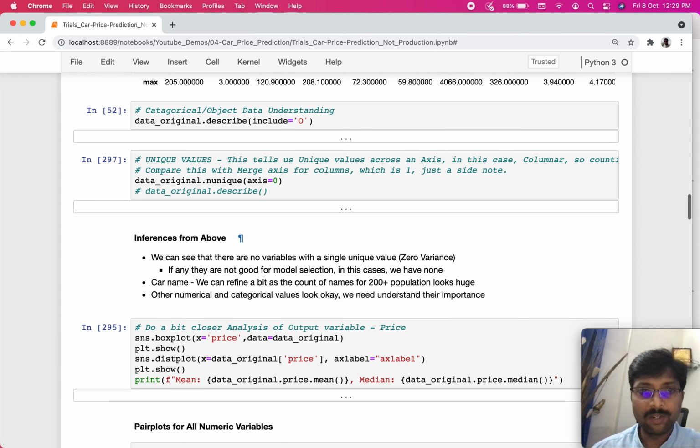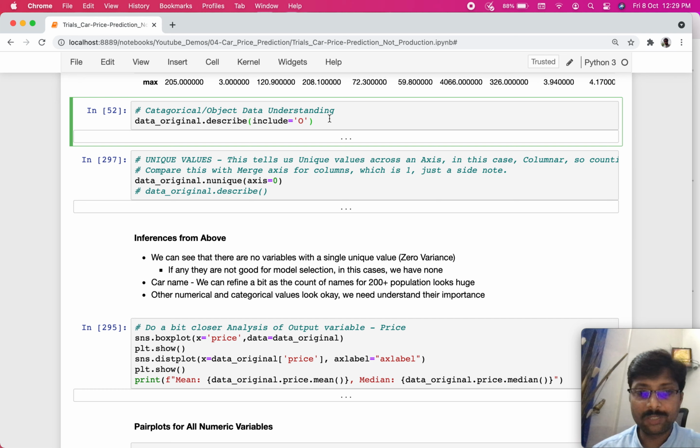Again, in similar lines, we are going to look at the object parameters, or object data types. Object data types indicate categorical values which are non-numerical, and each parameter of object type will have different buckets, different categories. For example, the engine location, whether it's front or rear, is a categorical value.